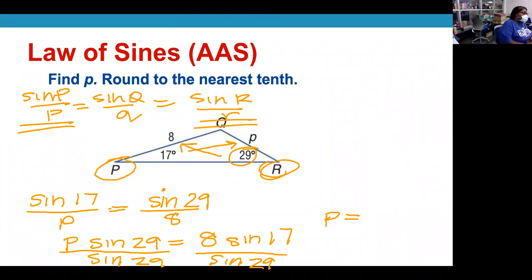Okay, so P is approximately, it's not exact, 4.8.